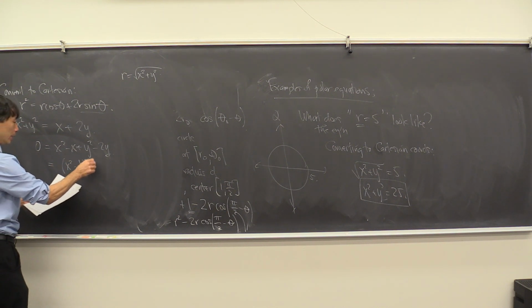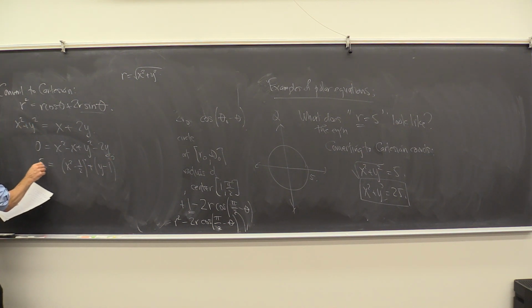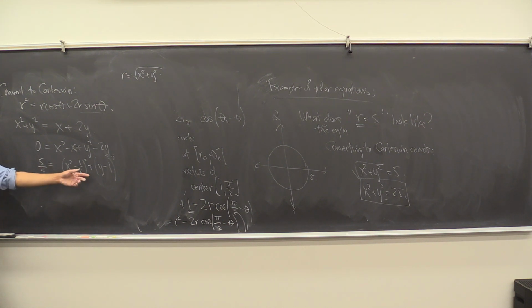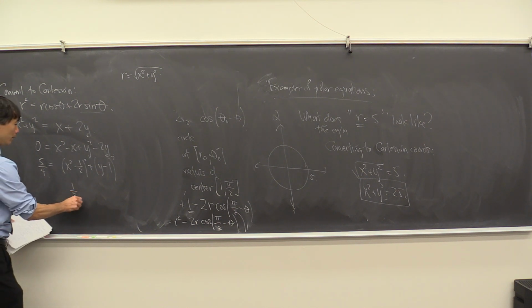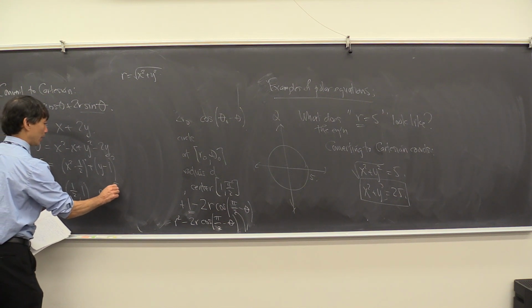I'm not going to do it, but if you use completing the square on it, it turns into this, which is recognizable as a circle. Right? So it's a circle centered at 1/2, 1, and the radius is the square root of 5/2.